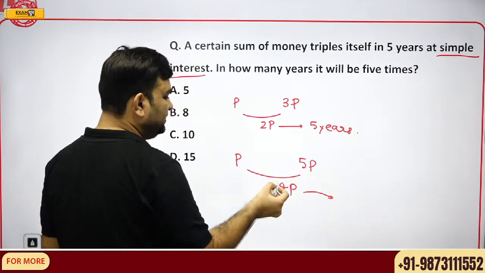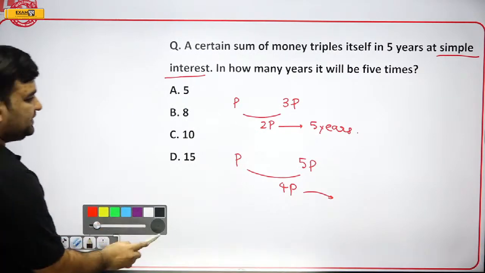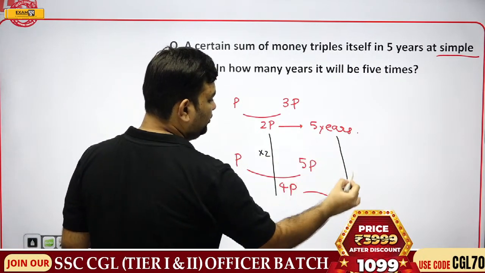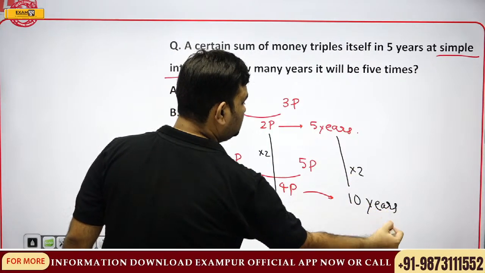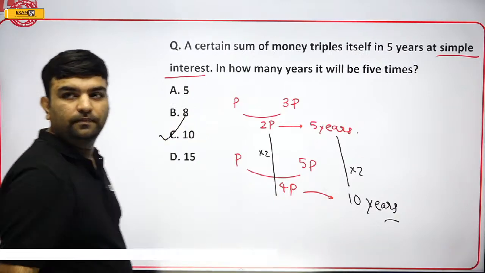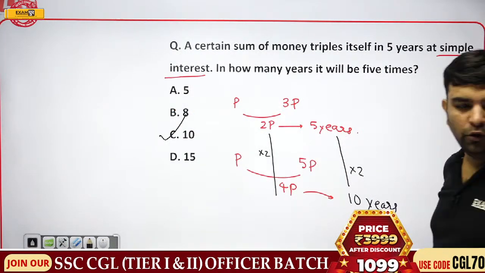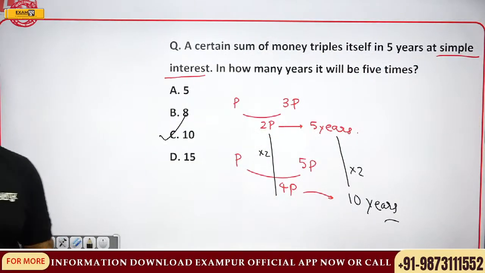If 2P is in 5 years, then 4P is double, so it is going to be 10 years.